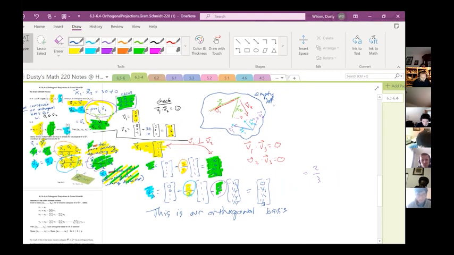Is this orthogonal basis unique? So is the basis unique? Yeah, no. It's not unique. And again, remember the picture up here. The basis is not unique.